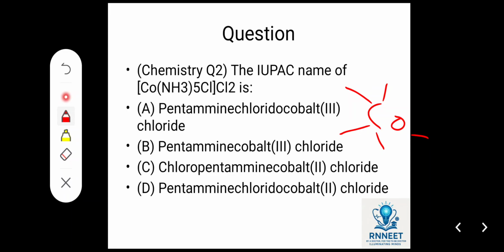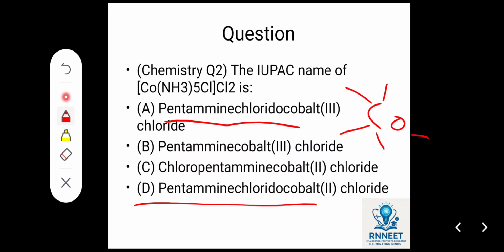And they are attached to the cobalt. So they are pentaamminechloridocobalt. You always name the ligands first. So it is not a chloropentaammine, it is pentaammine and a chlorido which is attached to the cobalt. So therefore you say pentaamminechloridocobalt. So it is between these three.